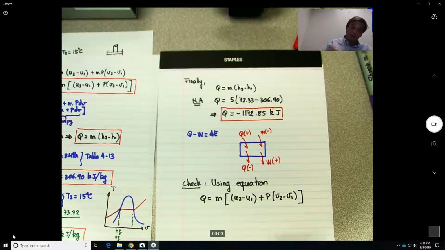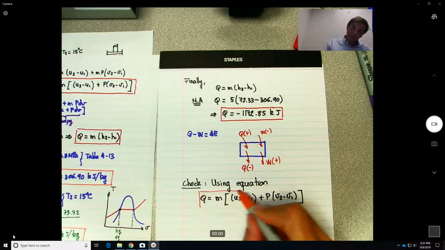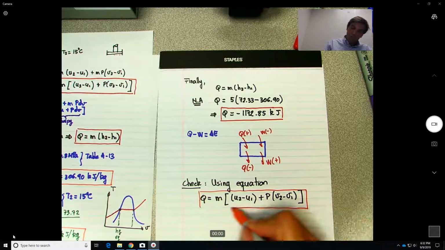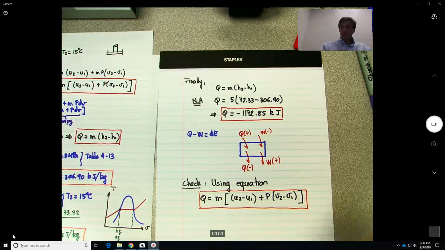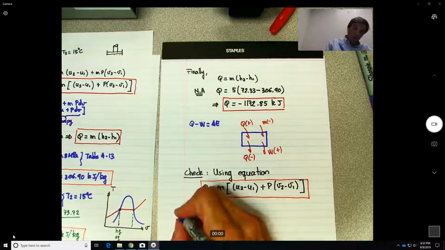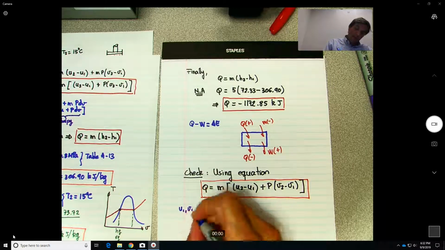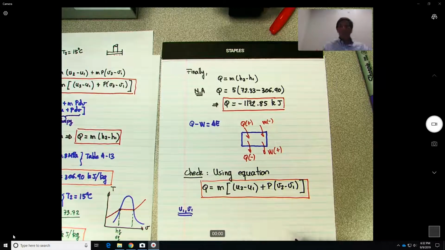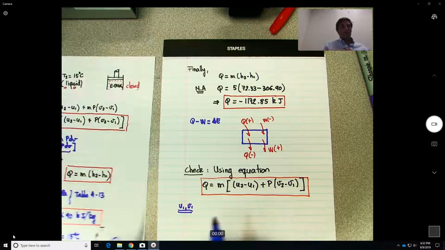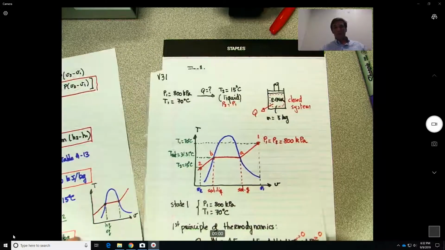And basically we just do exactly the same thing. So let's see. For U1 and V1, the state we know is superheated.